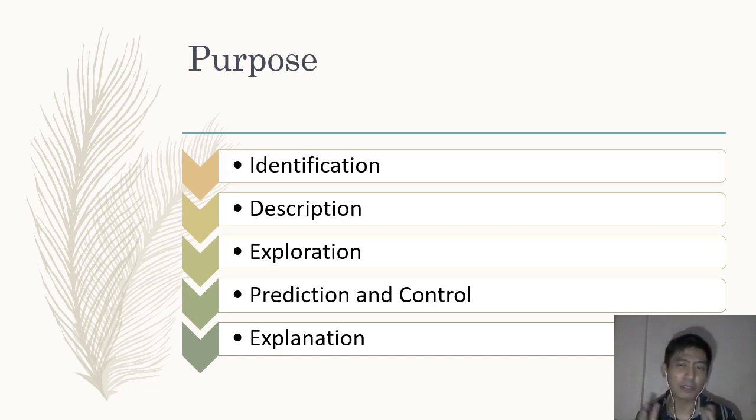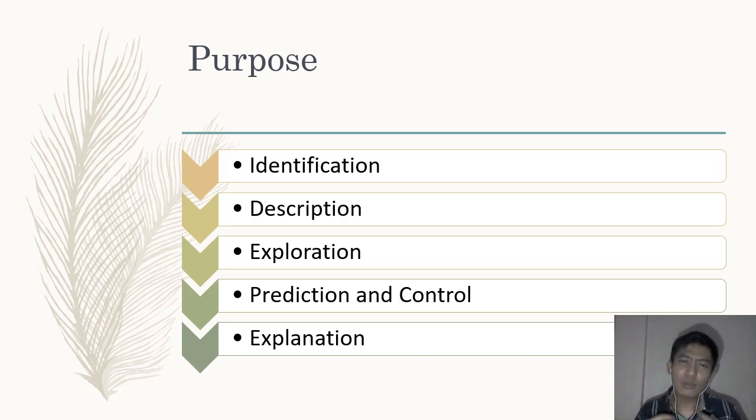That is more on the qualitative part. Do you want to identify, to describe? Describe what? You describe the phenomenon. Lived experiences of cancer patients.